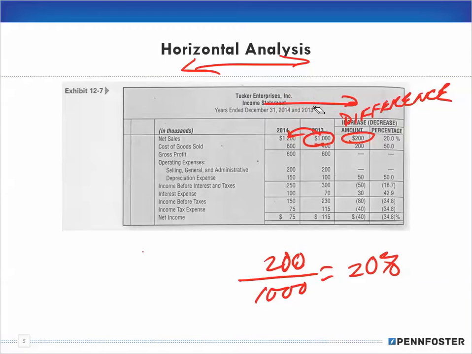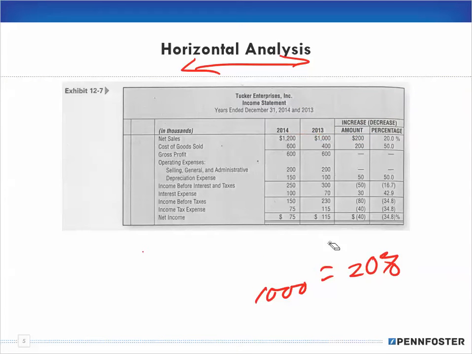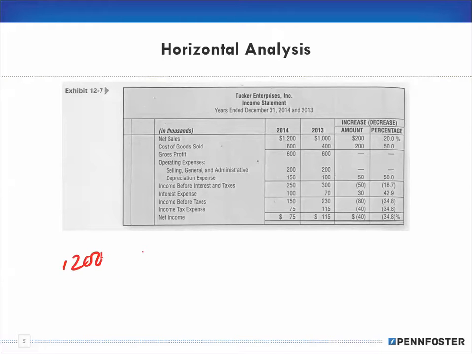So the way you're thinking about this is, first, what's the difference between the two numbers? 1,200 minus 1,000 is equal to 200. That's my difference right here.